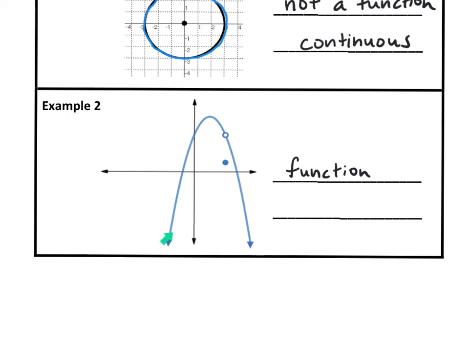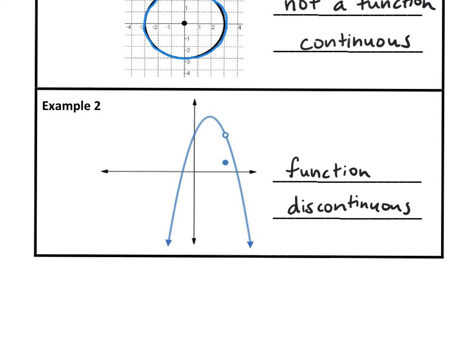So it's continuous, but then there's a hole that comes up, and that hole causes the graph to be discontinuous. Now you might ask, what about this dot?